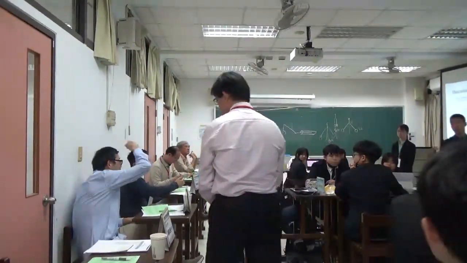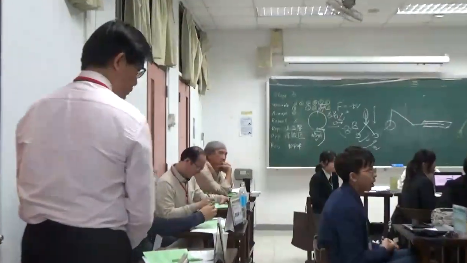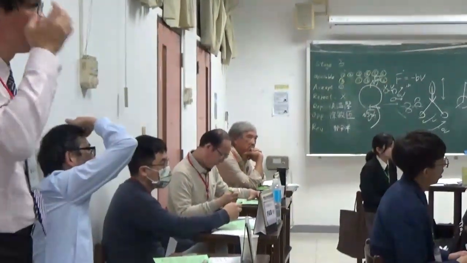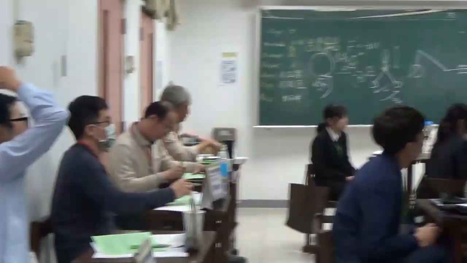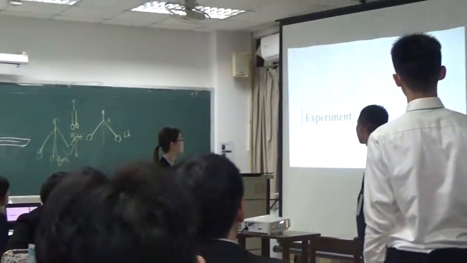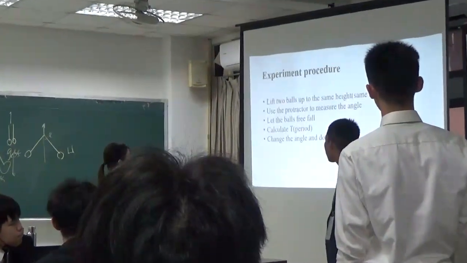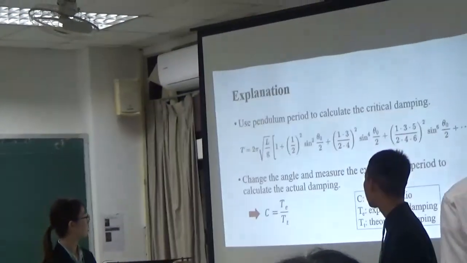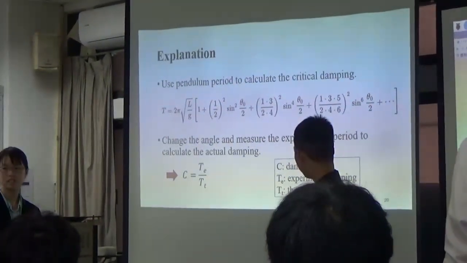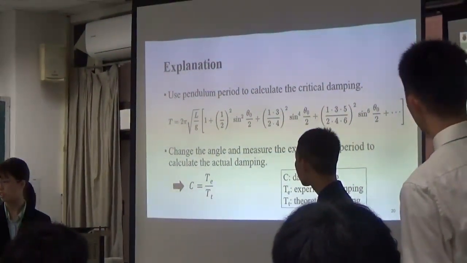For the reporter, you show again the natural frequency formula or period formula. You have several terms. How many terms did you include in your calculation? This Taylor expansion is mentioned. Yeah, this is a dot, right? So how many terms do you include in your calculation for this period?